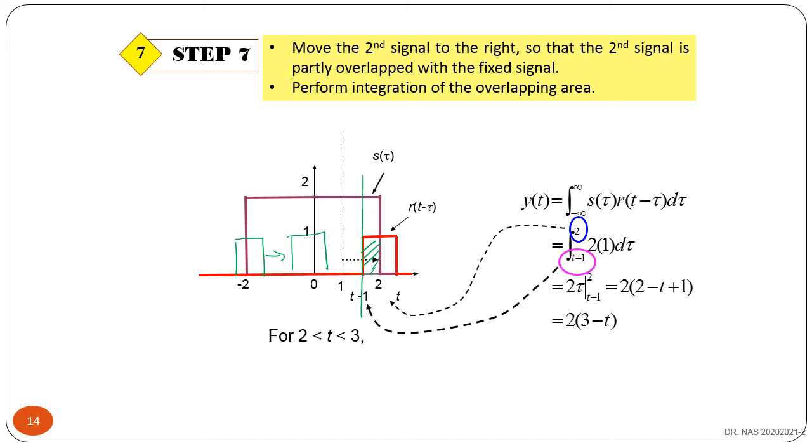So now the overlapping area is between t minus 1 and 2, where t minus 1 is less than 2. Again, for s tau it is constant 2, and for r(t minus tau) it is constant 1. So you perform the integration. For this range, your y(t) is equal to 3 minus t.